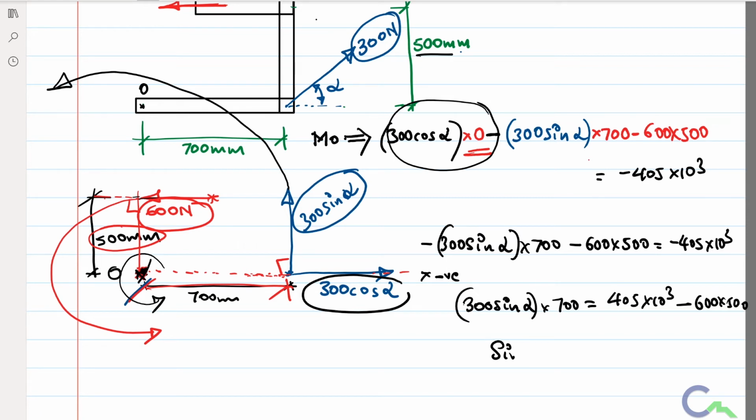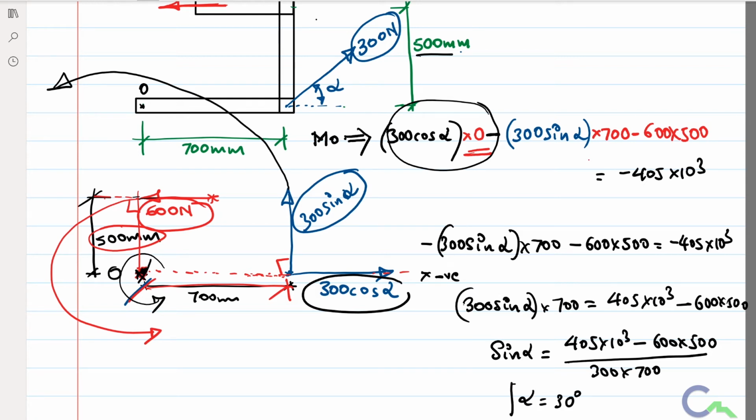So I want sin alpha, that is equal to (405 into 10 to the power 3 minus 600 into 500) divided by 300 into 700. Therefore alpha we will get as 30 degrees.